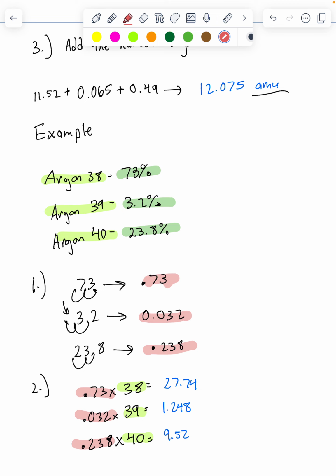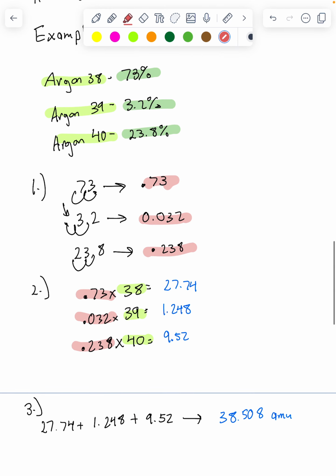When we multiply those through, we get 27.74, 1.248, and 9.52. Last step we have to solve this problem, we need to add those three values together. So 27.74 plus 1.248 plus 9.52 gives you an AMU mass of 38.508.